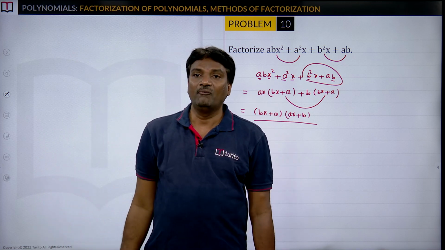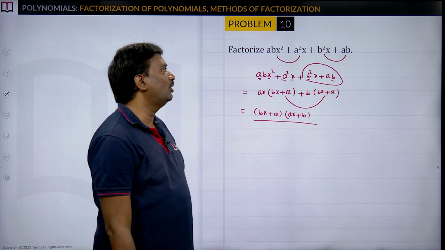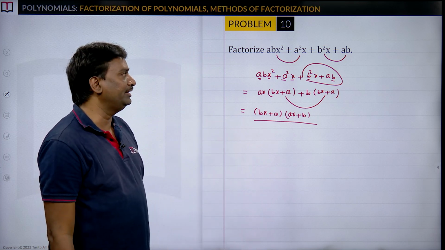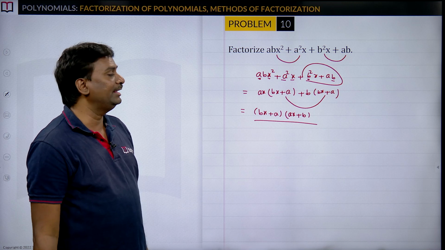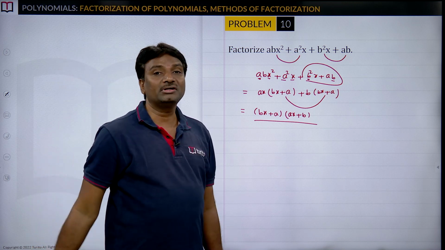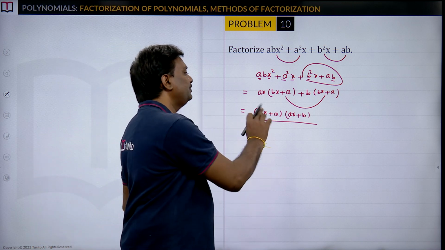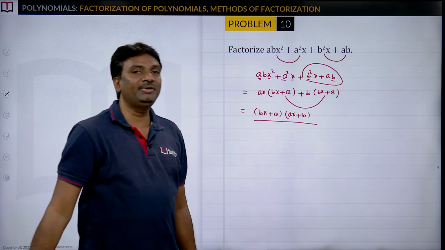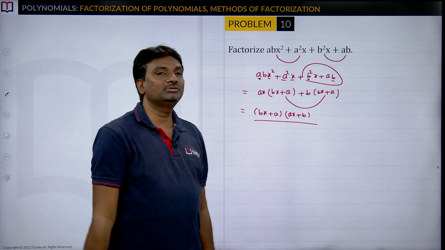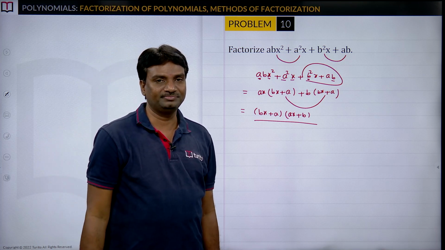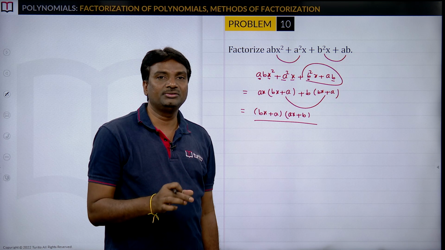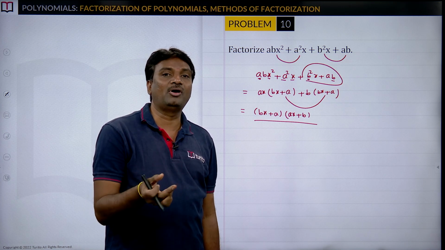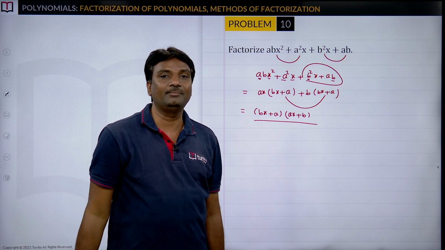So, that is why we can express the given polynomial abx square plus a square x plus b square x plus ab as the product of two polynomials bx plus a and ax plus b. By observing clearly, ax plus b and bx plus a both are linear polynomials. Just like this we can take the common factor from all the terms of the given polynomial.